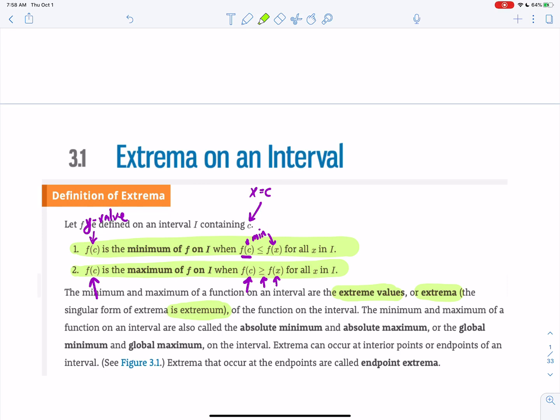But that's basically it, okay? Today, we're learning two different types of extremas. The first one, which we're going to focus a lot on, is the absolute minimum or maximum. On the AP exam or in some problems in your book, they might use the word global. It's the same thing. They're synonyms, okay?